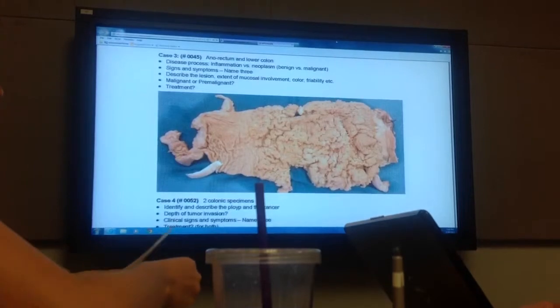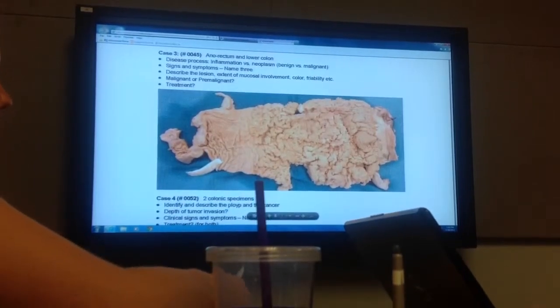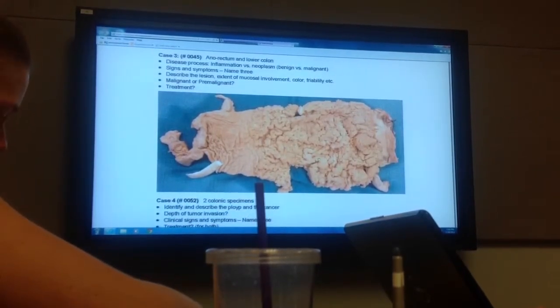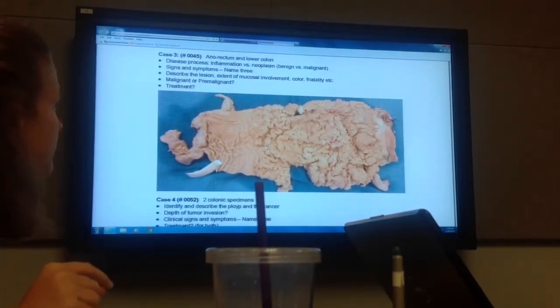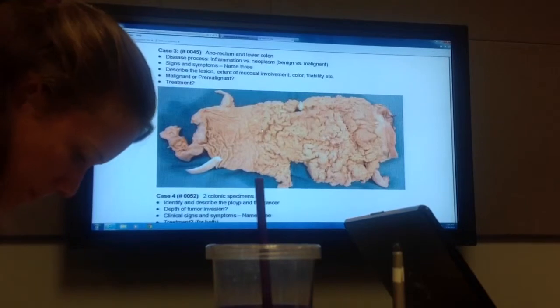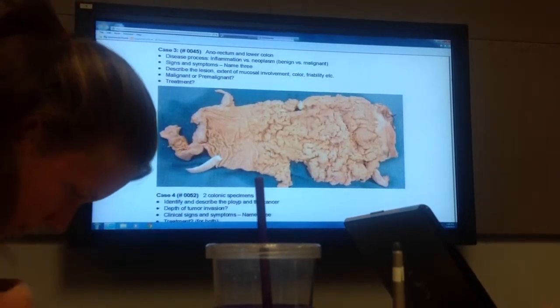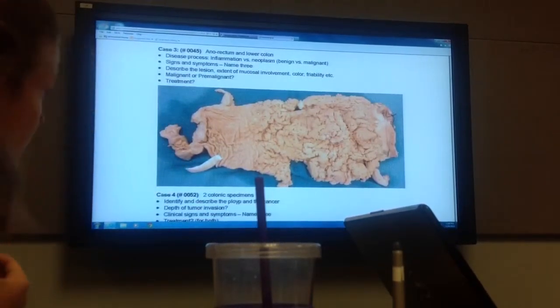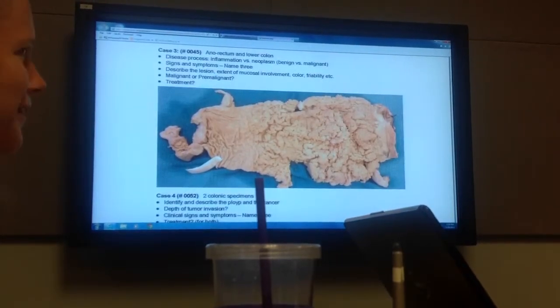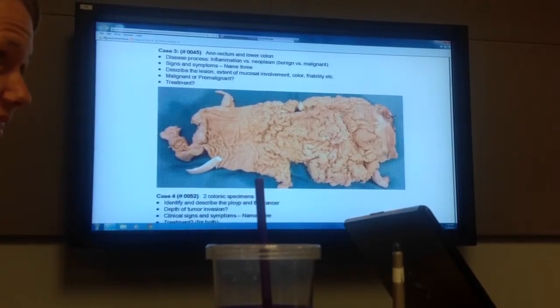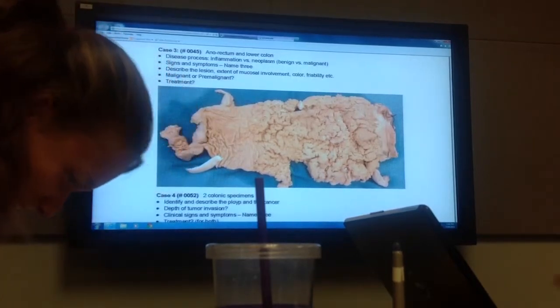Okay. So here is a really ugly specimen, right? And we just never ever see these anymore. This says anorectum and lower colon. Here's the lesion, this kind of shaggy, ugly thing. What do you guys think that might be?